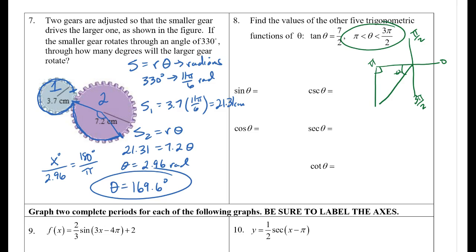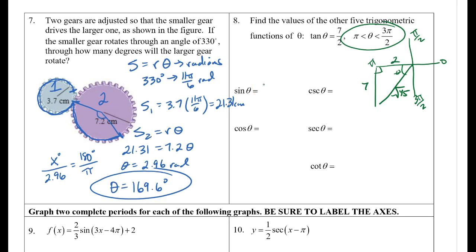So if I draw that somewhere around here, there's my triangle, there's my angle. Remember, tangent is opposite over adjacent, so we're going to have 7 and 2. A little more Pythagorean theorem, we're going to get radical 45, which is 49 minus 4, and then the square root of that. So the sine is opposite over hypotenuse.